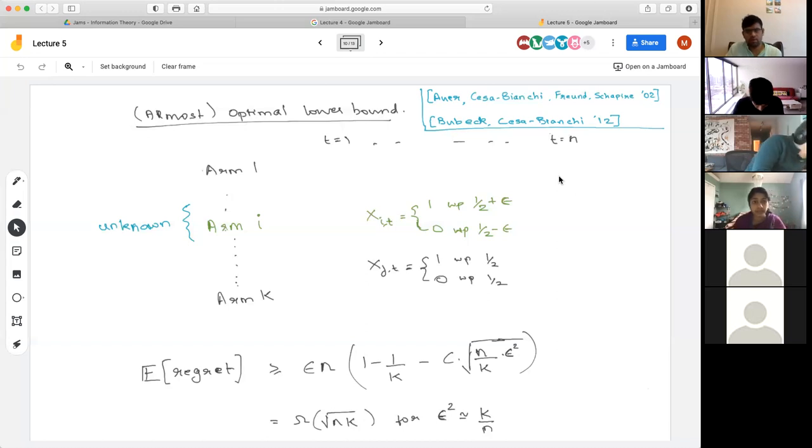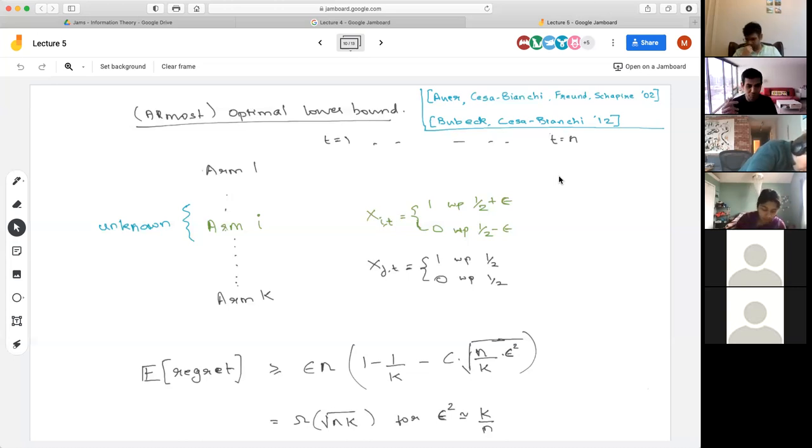But the bound roughly shows that the regret is greater than or equal to epsilon n times some quantity which is very close to 1 minus 1 over k, assuming n is not too large or epsilon is sufficiently small, pick whichever way you want.